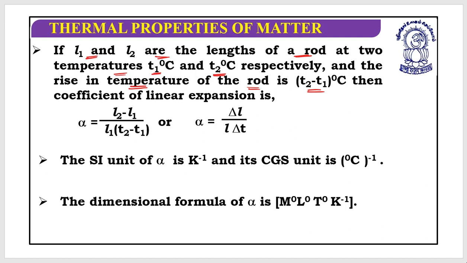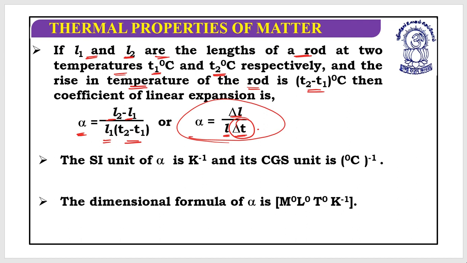Then the coefficient of linear expansion alpha is equal to delta L by L delta T. Delta L is the change in length, the final length L2 minus the initial length L1. This is L2 minus L1 divided by the original length L1 multiplied by delta T, the change in temperature, which is T2 minus T1. So alpha is equal to L2 minus L1 upon L1 into bracket T2 minus T1.